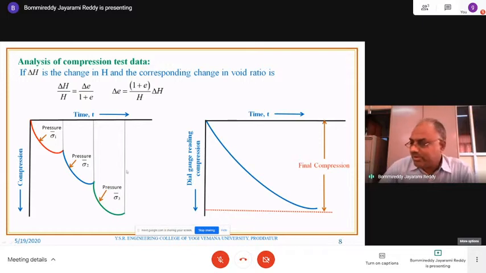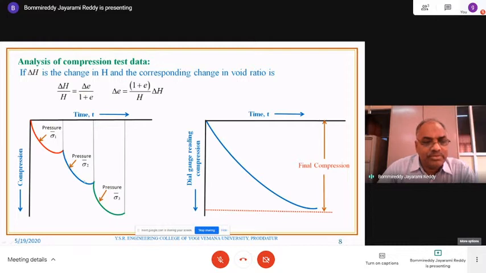So here you can look at it: we can apply different magnitudes of stress. The first curve represents when the soil mass is under an effective stress of sigma 1 bar. When the soil mass is subjected to sigma 1, it follows some curve. Afterwards, when the stress on the soil mass increases, it takes another path.